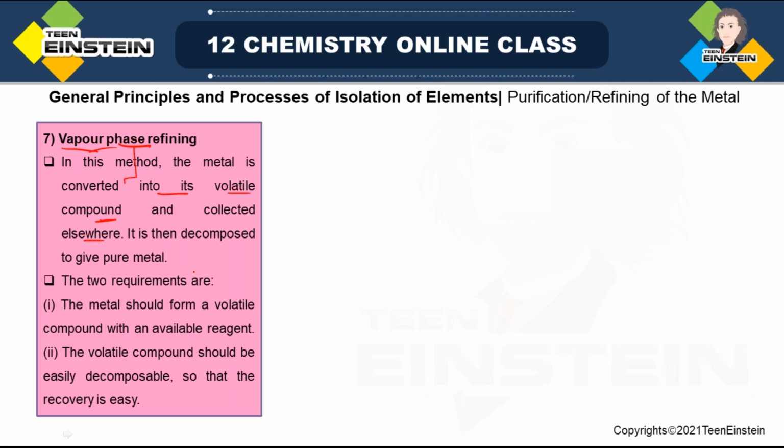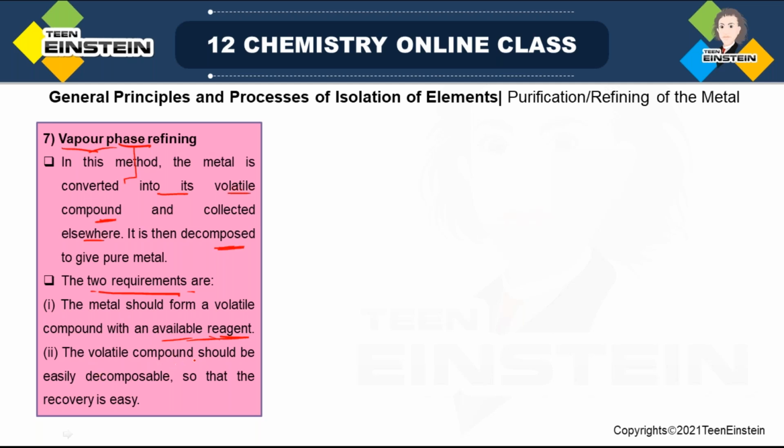Now this volatile compound will be decomposed further, that is the second step, to give the pure metal. Now this is the method, but here two requirements you have to maintain. What are the requirements that must be present? The metal should form a volatile compound with an available reagent, because if it is not forming any volatile compound, vapor phase refining is not possible.